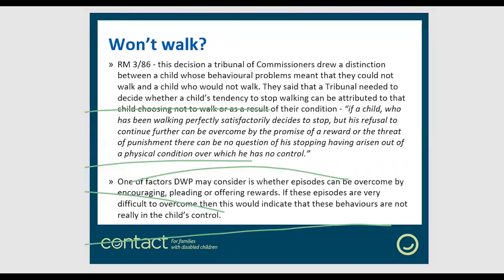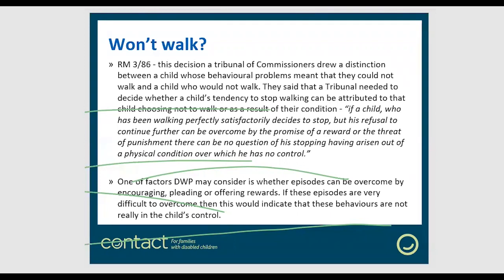So the main decision is RM 3 of 86, which was made by a tribunal of commissioners. And they definitely said that you have to draw a distinction between children who couldn't walk and children who wouldn't walk. And they actually gave an example in their decision of a child who was able to walk, but then refused to walk.